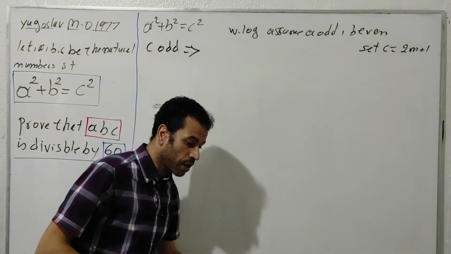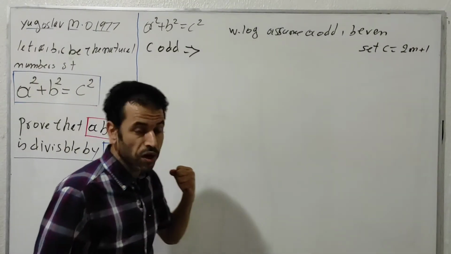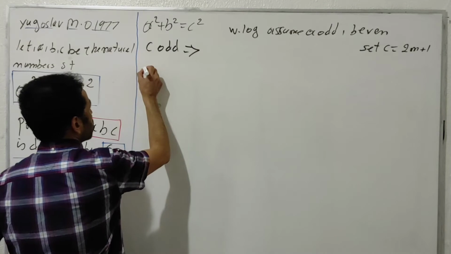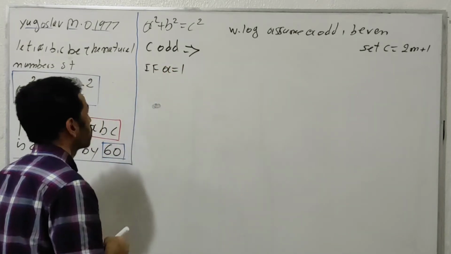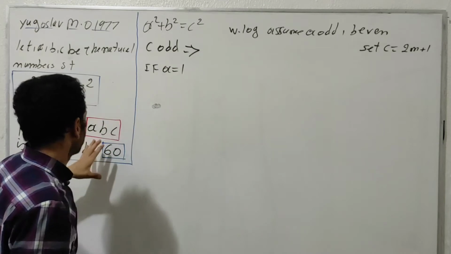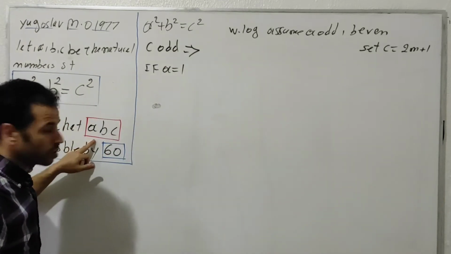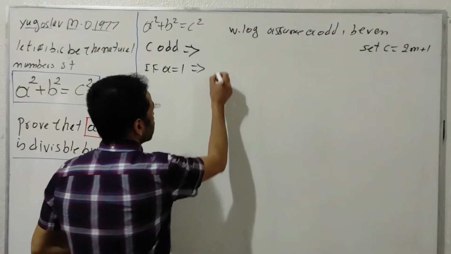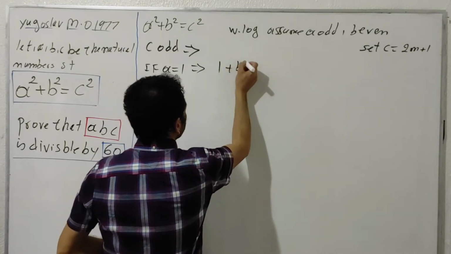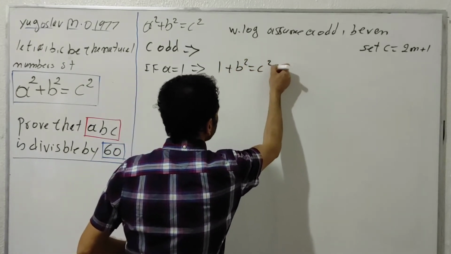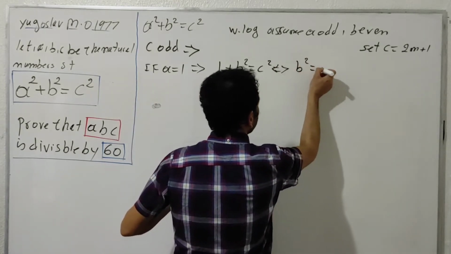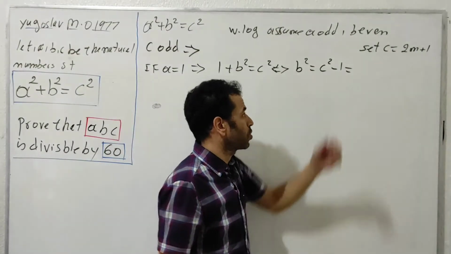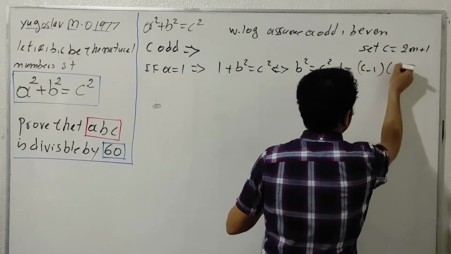I'm going through the cases. Let's take the smallest odd value, A equals 1, to see what it gives us, because the solution of this equation is related to the property that ABC is divisible by 60. I'm going to replace A with its value in the original equation. We'll have 1 plus B squared equals C squared, so B squared equals C squared minus 1. This is the difference of two squares, so I'm going to factor it: C minus 1 times C plus 1.